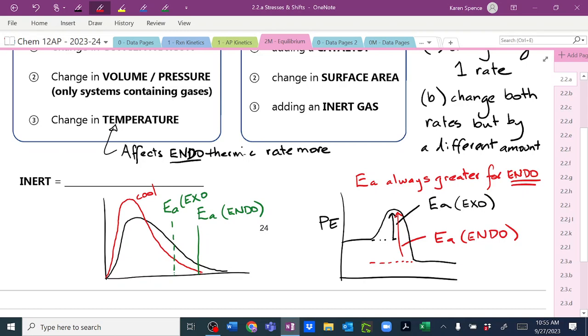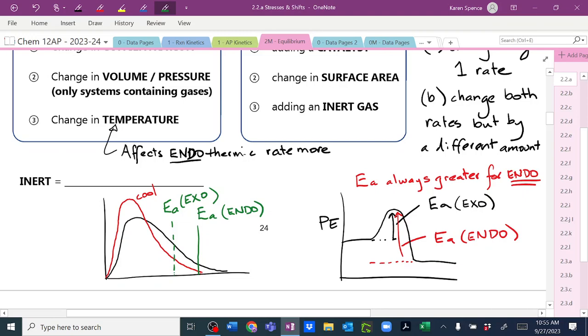You don't actually need to be able to draw this or understand it or anything, but it helps explain why, and sometimes you want to know why. Yes? But you're not going to have to be able to explain it. It's with temperature, so temperature affects the endothermic rate more.